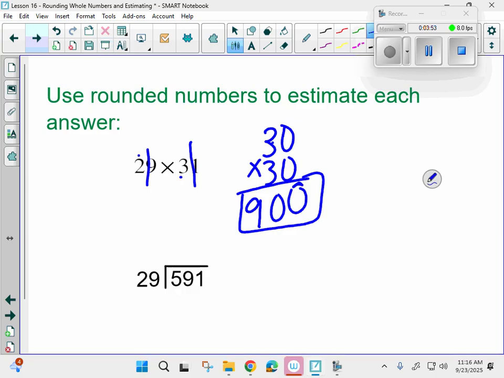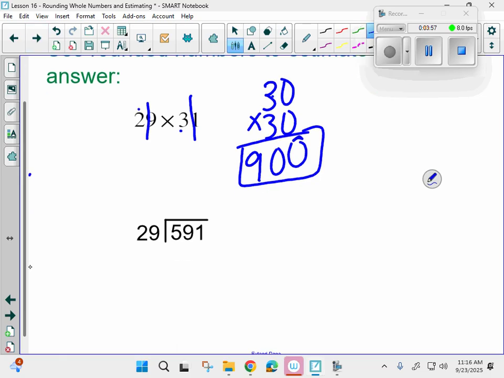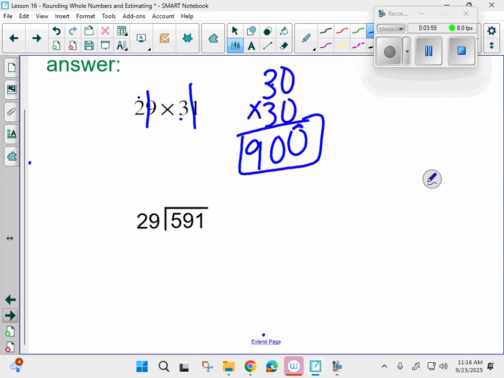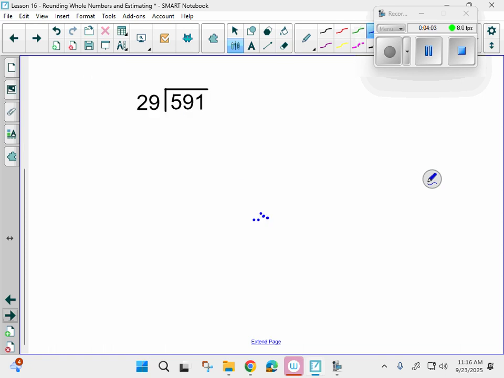Okay. Use rounded numbers to estimate. Again, if you decide to do 29 into 591, you are going to be doing more work. Be sure you read the directions, which says to round. Sasha, what should I round 29 to? I agree, 30. All right. And Emmy, what should I round 591 to?